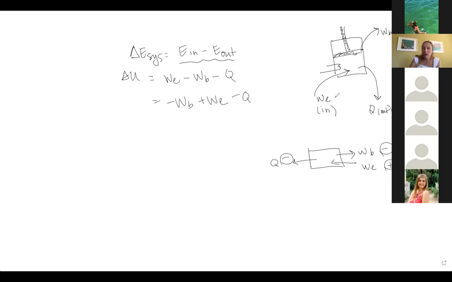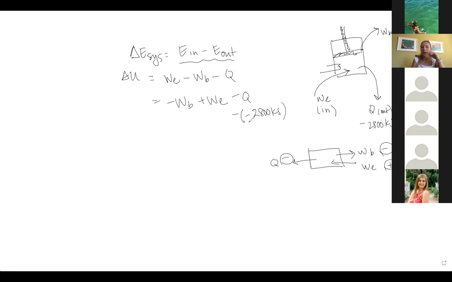But the way that I wrote it in the problem statement, I said, okay, this heat coming out is negative 2,800 kilojoules. But I've already included this negative term here, so I don't need to do negative 2,800 kilojoules, because these negatives are coming from the exact same reasoning.